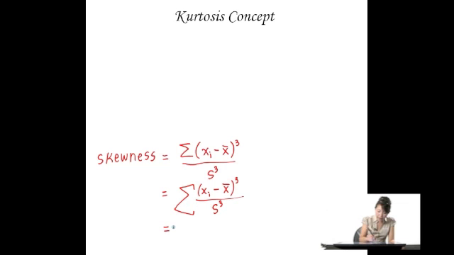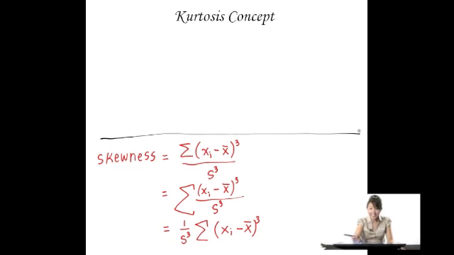Another way you could write it is also 1 over s cubed times the sum of x sub i minus x bar cubed, right? So this is yet another way you could write it. And so all three ways of writing it are equivalent. It doesn't change anything. And so don't get tripped up if you see one of these other options. They're not trying to be tricky.